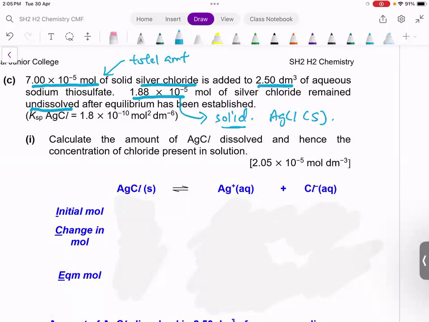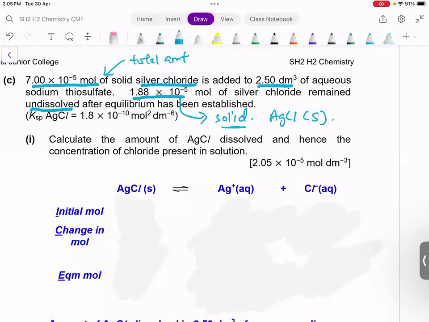So am I able to calculate how much of silver chloride dissolved? Can I or not? The scenario is I have silver chloride solid, then I'm adding this 7.00 times 10 minus 5 into a 2.5 dm cube of thiosulfate. Then after adding, stir for a long time, make sure equilibrium is attained.